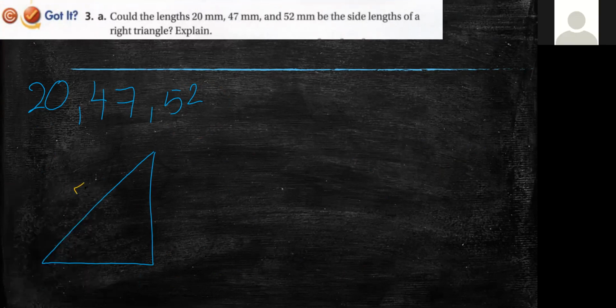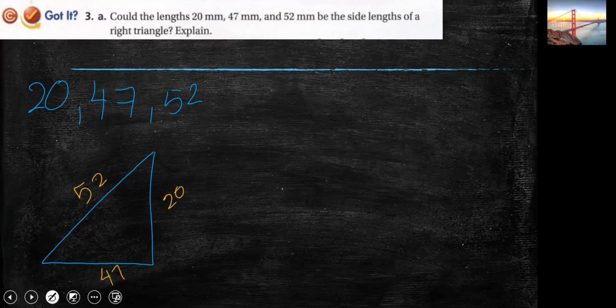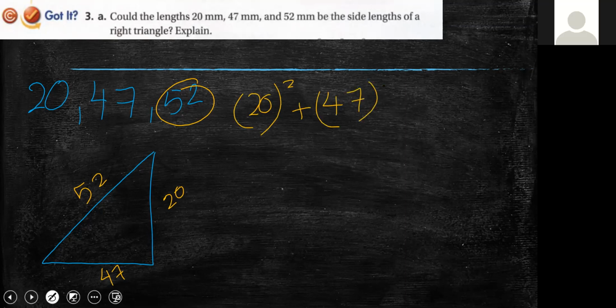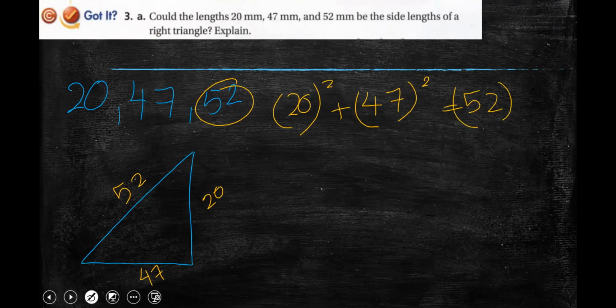Hypotenuse. The greater number is the hypotenuse. Now I will check if 20 squared plus 47 squared equals 52 squared.